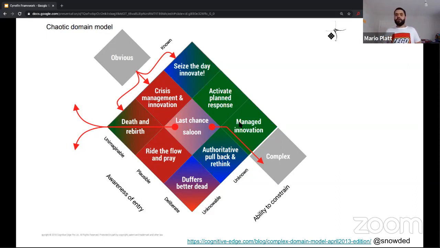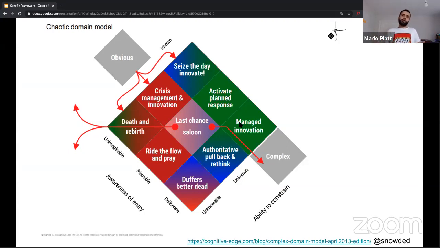So known, in that I know what needs to happen here; knowable, as I can work out what I can or should do to constrain this; or unknowable, right? It's completely out of my imagined scenarios and I need to hold on tight and hope I can survive it. So those are the lenses to look at it.